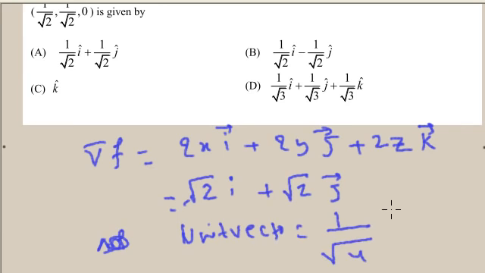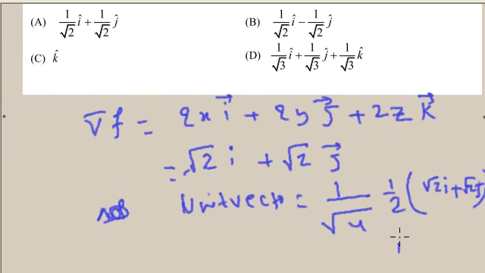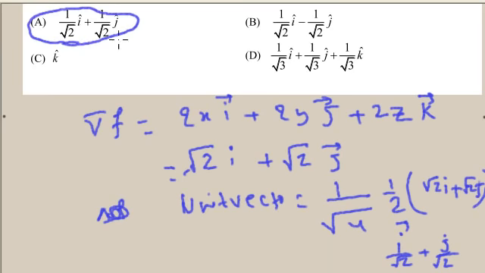That means 1 by 2 into root 2 i plus root 2 j, that means i by root 2 plus j by root 2. This is the correct answer.